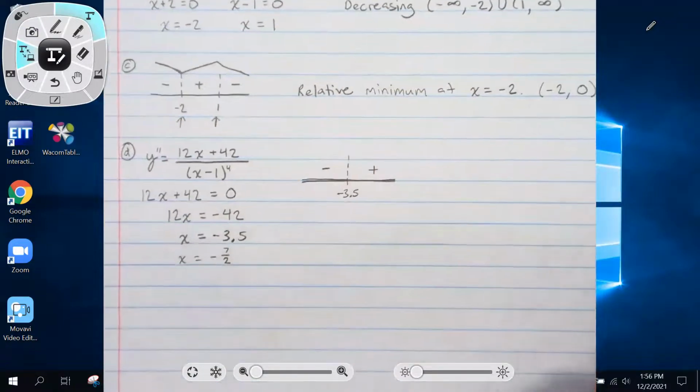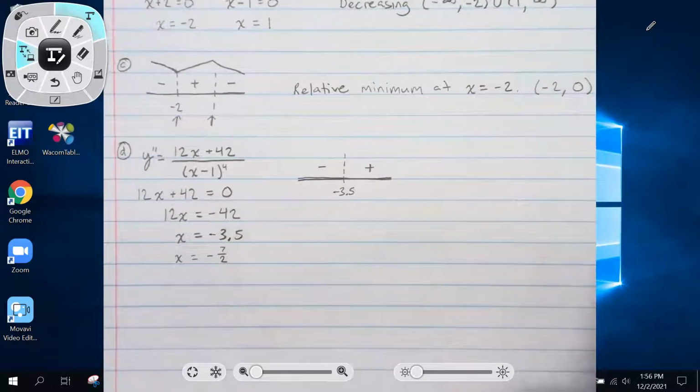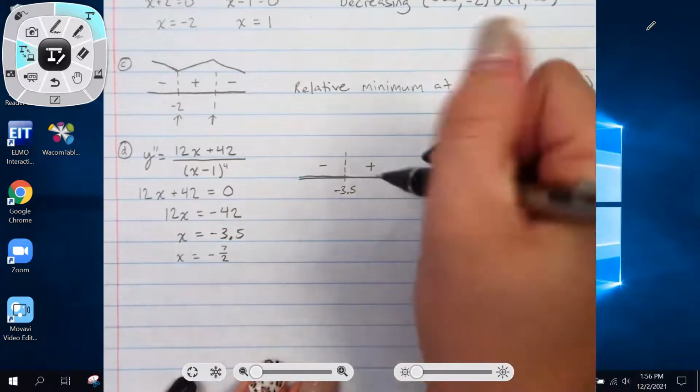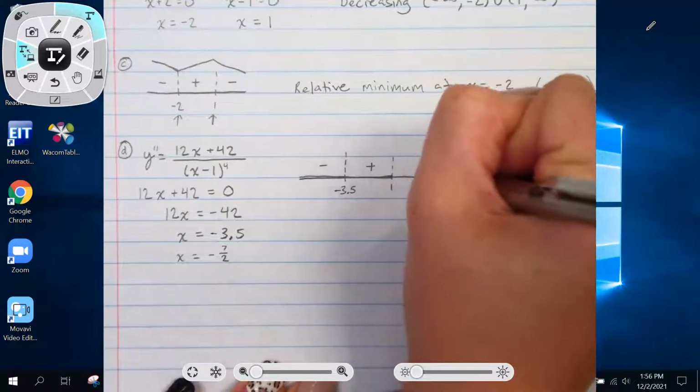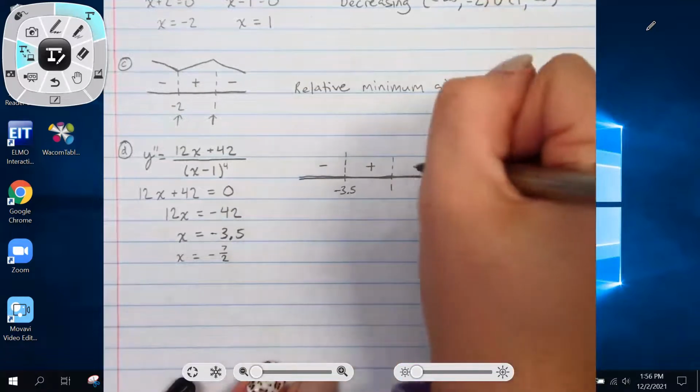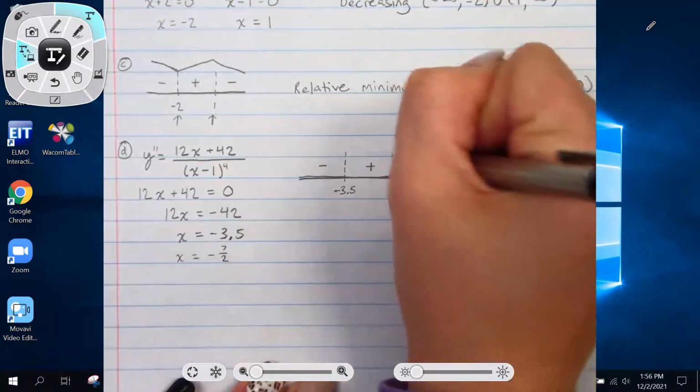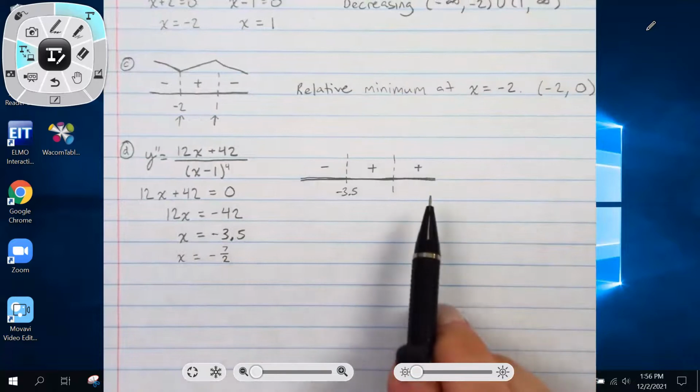I think she's going to send, or already has sent, the answers to the review. You may want to double check this with her answers, but in my mind, at positive 1, we have a vertical asymptote. The second derivative is still going to be positive on this side as well.